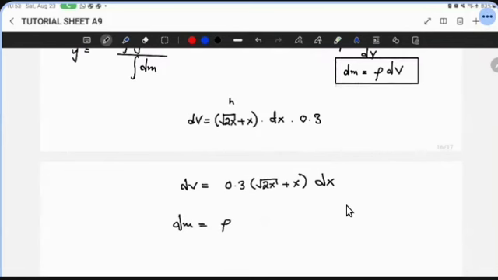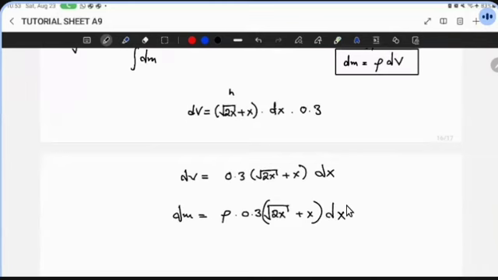So dm now is going to be equal to the density times 0.3 root of 2x plus x dx. So this is our dm. Any questions here? Okay.